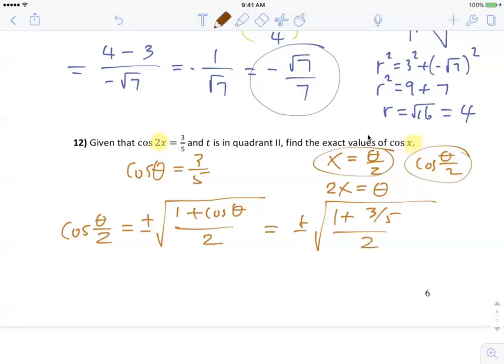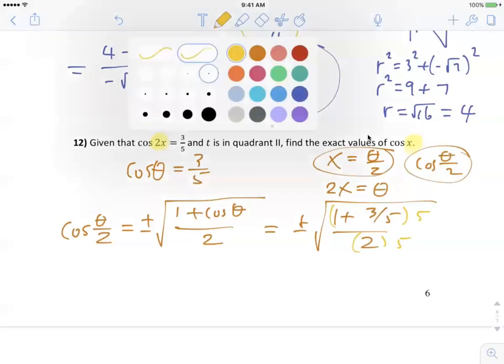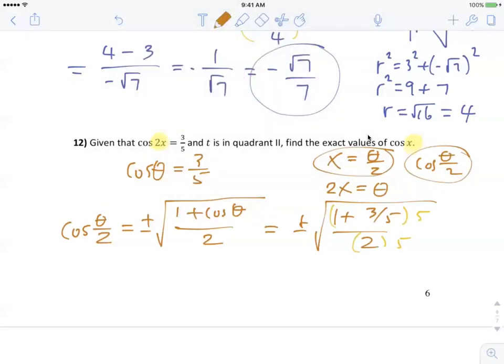And then we've got to get rid of that 5. So very earthy colors are going here. All right, and I'm going to distribute the 5. So plus or minus 5 times 1 is 5. The 5's cancel, that's 3 over 10.